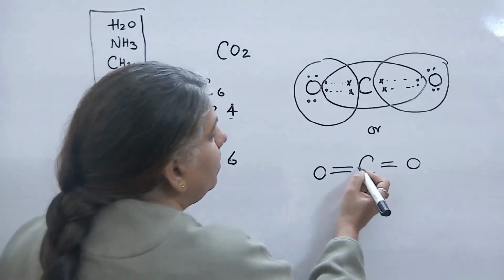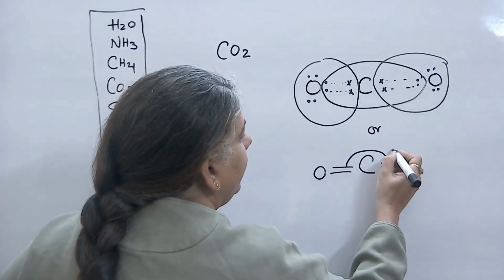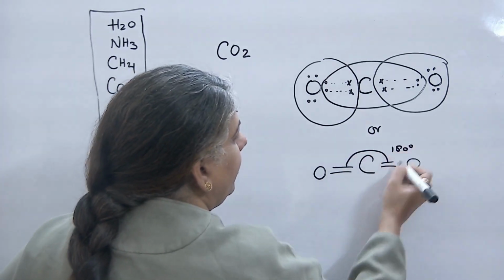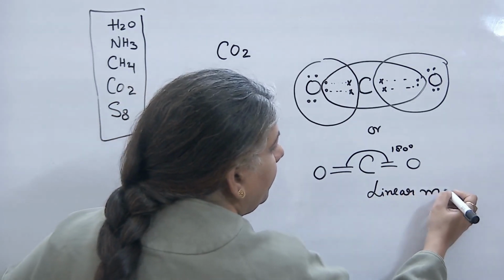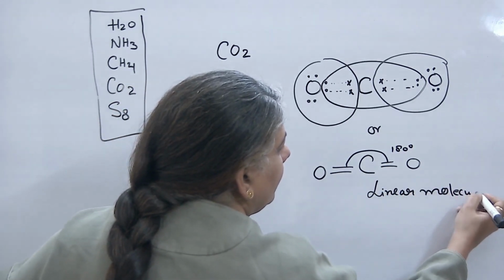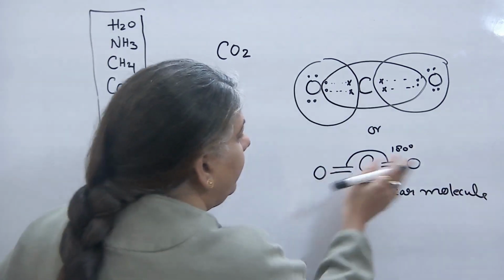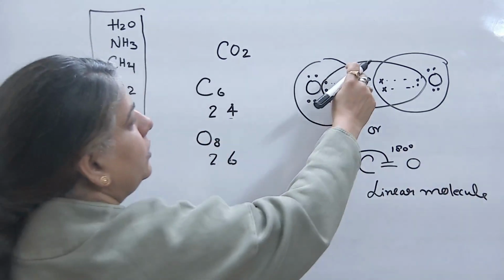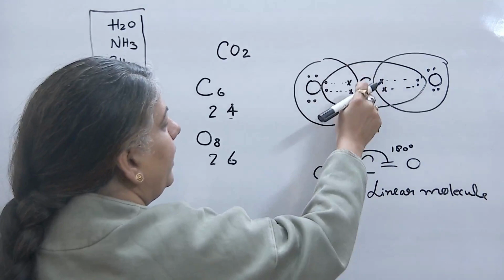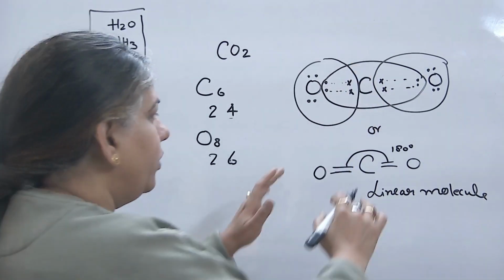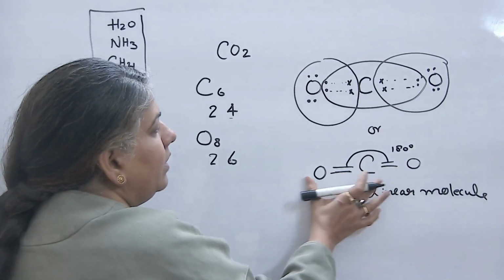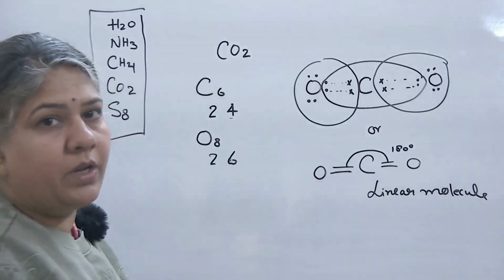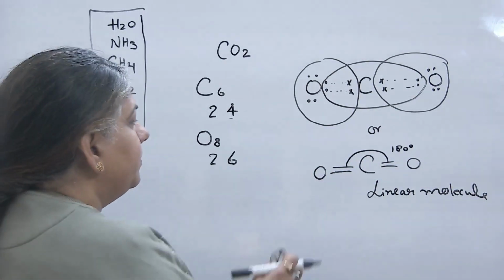Okay, now this angle is 180 degrees. This is a linear molecule. You can write it in a straight line because there are no lone pairs of electrons present to produce repulsion. So this is a linear molecule and you can draw it in a straight line without any bending here.